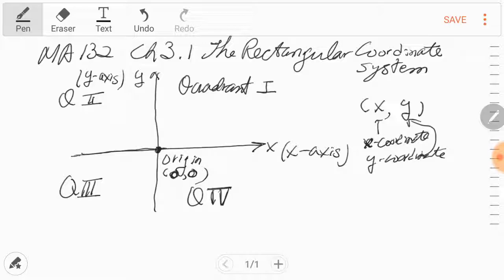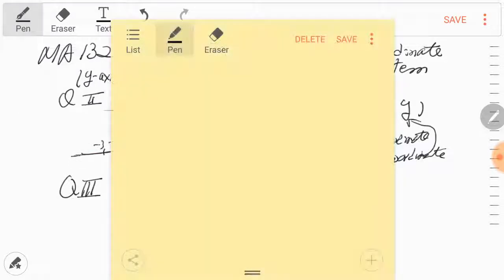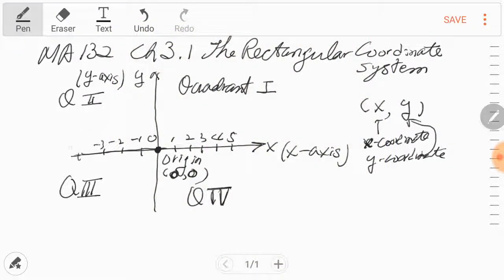Starting from 0, as you go to the right on the number line, the number increases: 3, 4, 5, and so on. Go to the left, then the x value is -1, -2, -3, -4. The y value is the same.